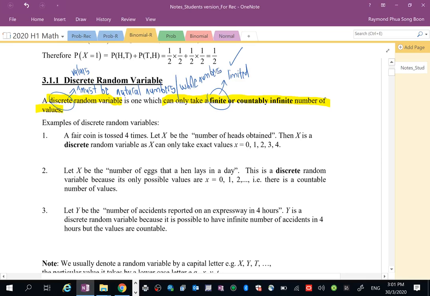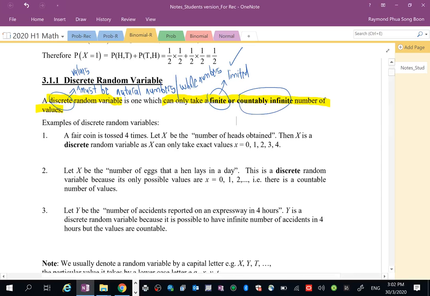Other than taking a finite number of values, a discrete random variable can also take on a countably infinite number of values. What does it mean? Infinite number of values means there's no limit to the number of values they can take on, but you can actually count them one by one. In the sense that they are natural numbers, so you can still count.